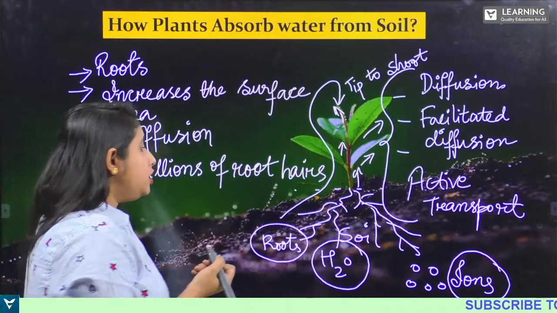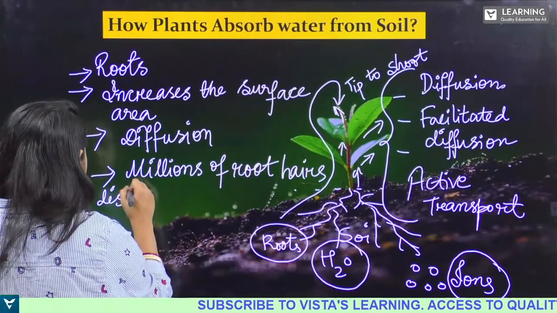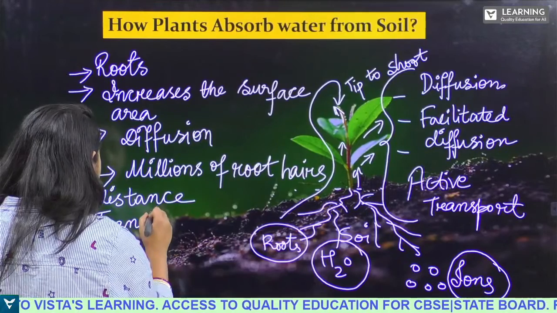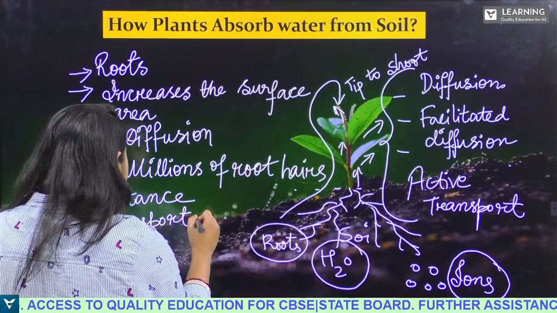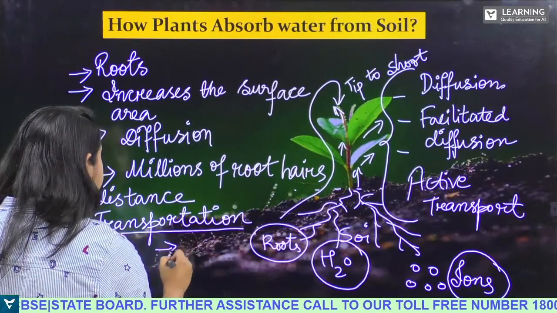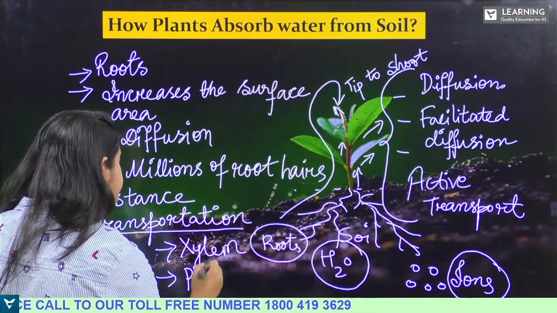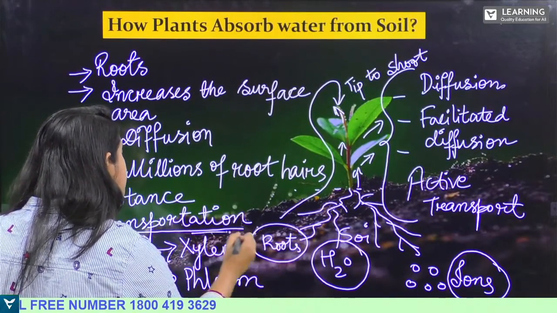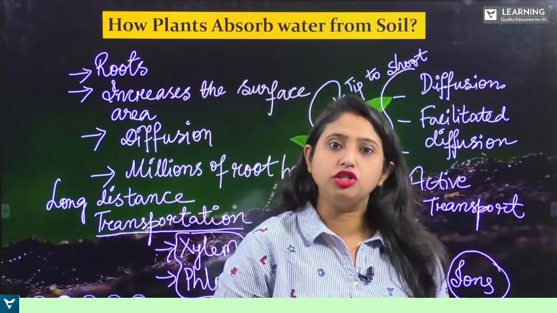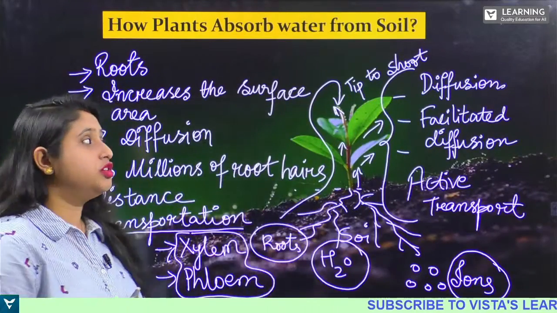These are the two vascular tissues which are required for the long-distance transportation of the nutrients. So xylem is responsible for what?